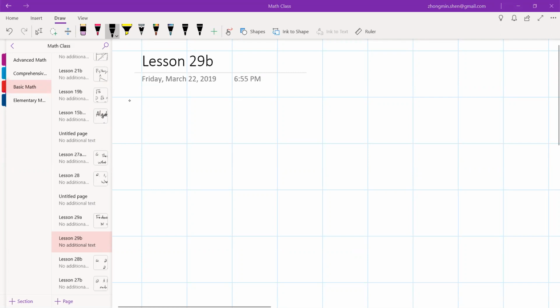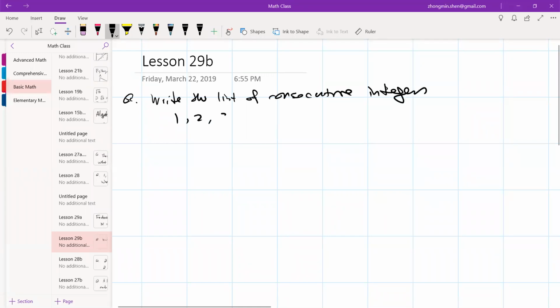All right, so let me write down the problem. Okay, you already have one there. He is going to write the list of consecutive integers.